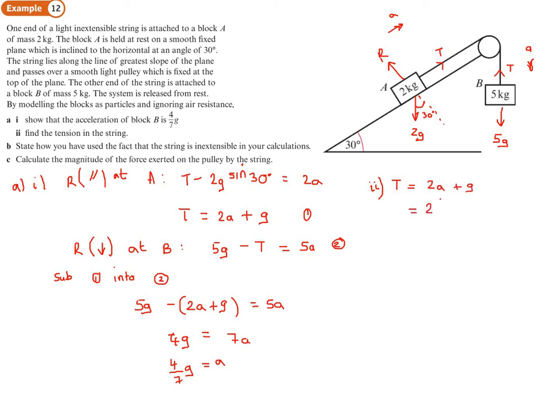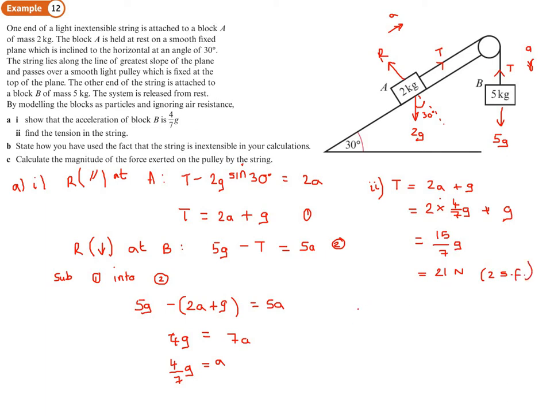I know the acceleration is 4/7 G plus G. So I've got 8/7 G, so that gives me 15/7 G, and I'll pop that into my calculator, and I end up with 21 newtons to 2 sig fig.